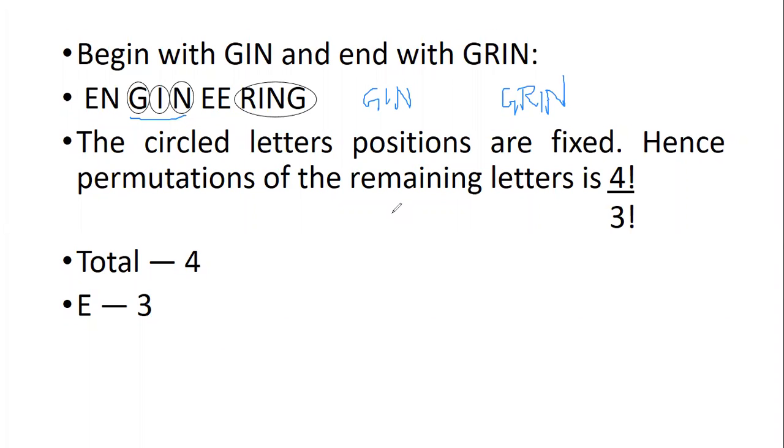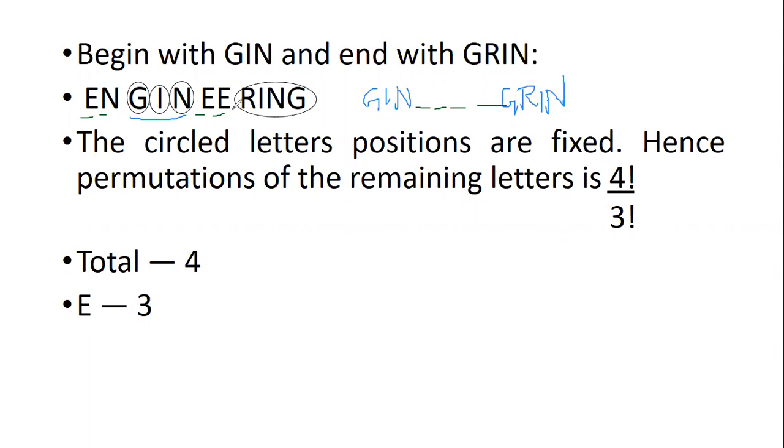Yeah, let's continue. So GIN is here and GRIN or RING. You can just rearrange this, there's no problem. Now, leaving this, what are the other alphabets that are remaining? We have E, N, E, E. So there are 4 other letters remaining, and E, N, E, E has to be written in the 4 letters.